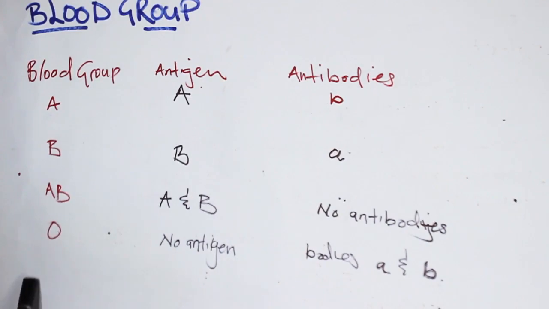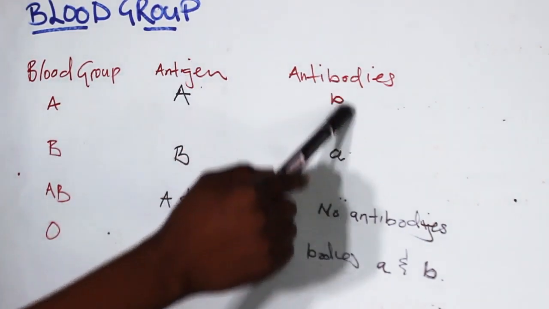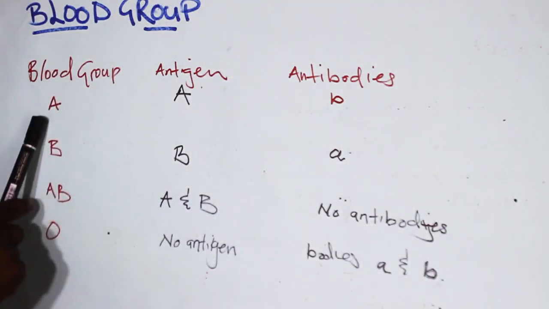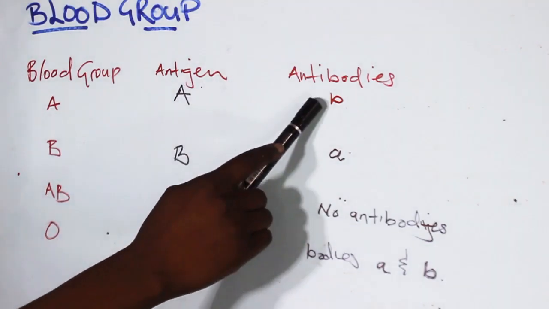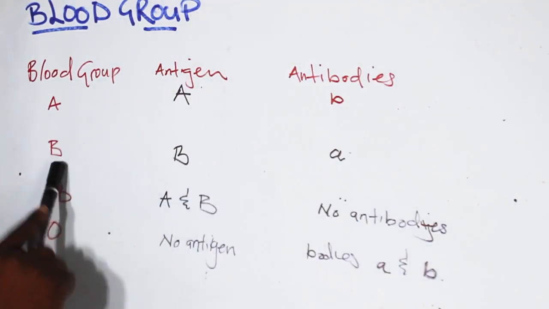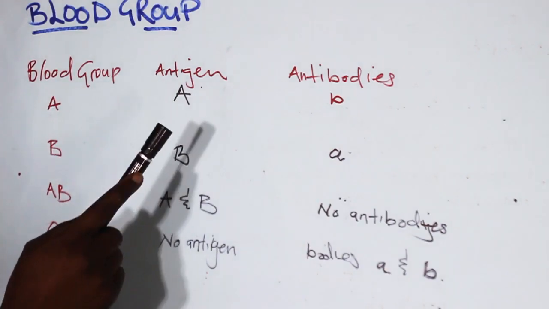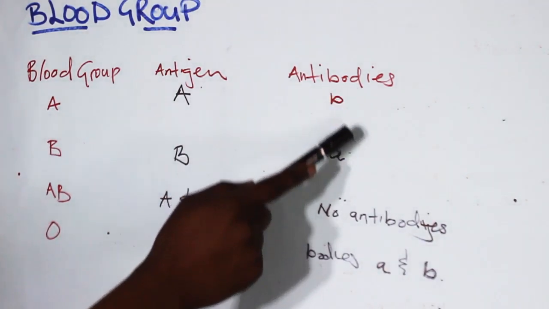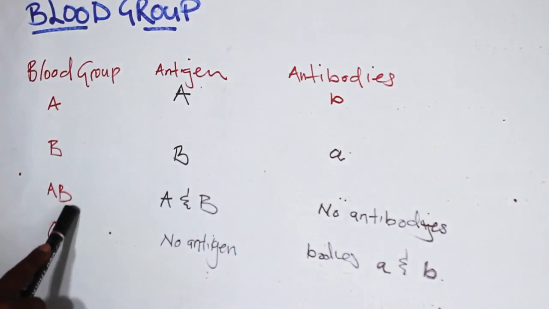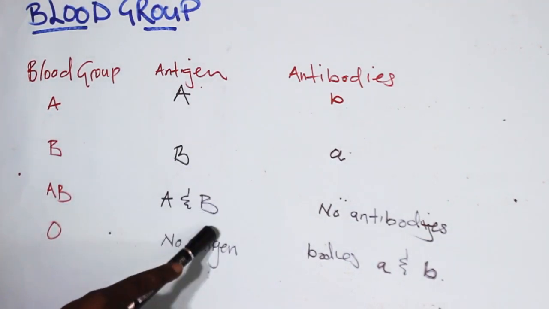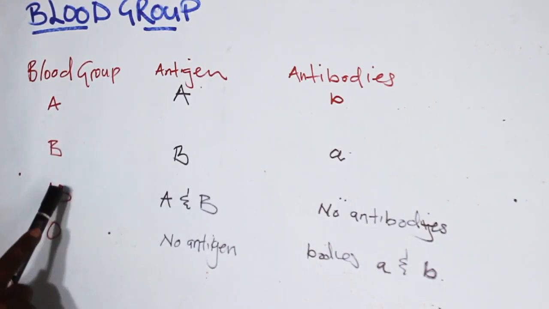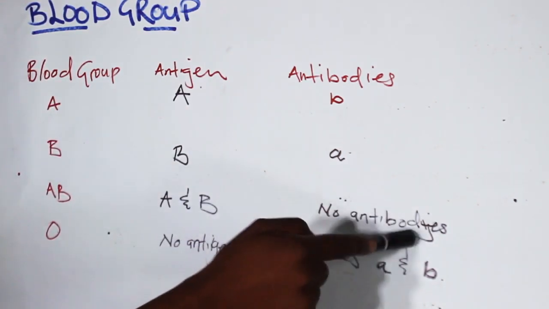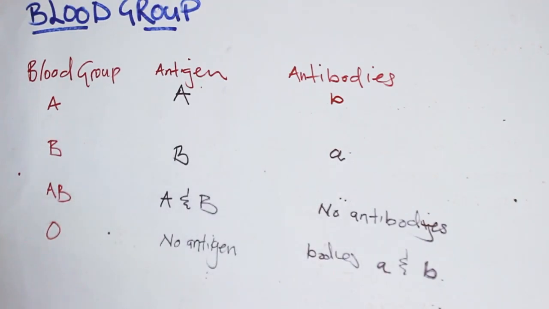Alright, so now let's come to this. These are our blood groups, and this is our antigens, and this is our antibodies. So if you're a blood group A, meaning you've got antigen A, but you've got the antibody B. If you are a blood group B, you have the antigen B, you have the antibody A. If you are AB, meaning you've got antigens A and B and you've got no antibodies, that makes it possible for this to donate blood to this because of the absence of antibodies.